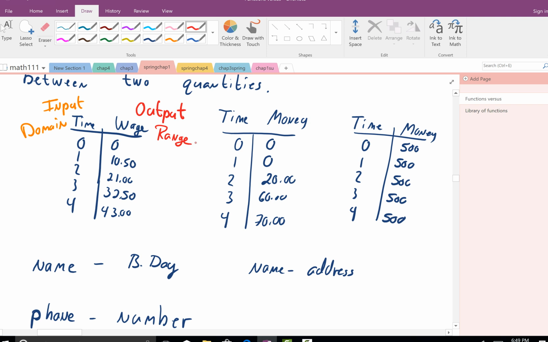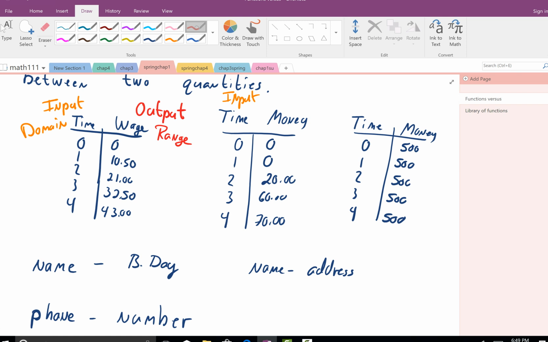So what it says is that each element here, each one of these numbers, has one number paired with it: 0, 1, here, here, here. So this is a function because there's just one. Over here, this was the one I said was the old time commission stuff. This is still the input, that's your domain.